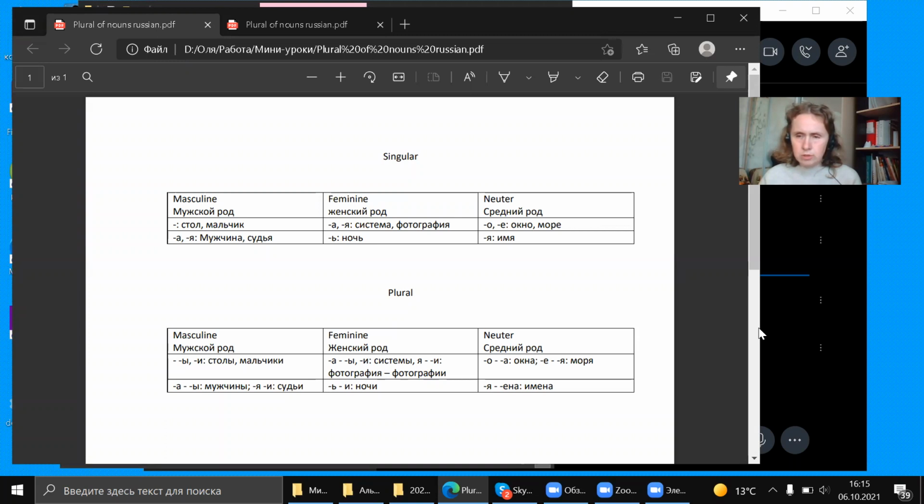There is no logic. So when you memorize a noun, you also have to memorize its gender, because again, there are endings, but very often they can be similar for different genders, so you cannot really rely on them to figure out the gender.